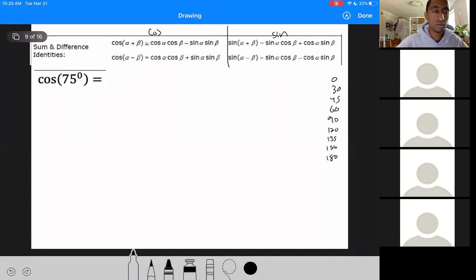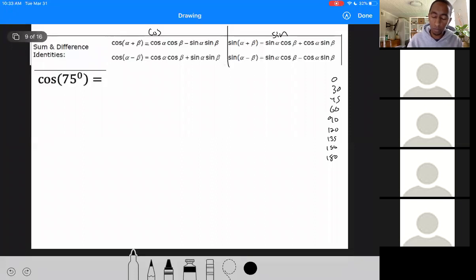Okay, so I got 30 and 45, and then Michael in the chat said 135 minus 60. So you can use either of those. You can do 45 plus 30, and then you could be using this identity, or you could do 135 minus 60, and then you could use that identity. So either one is going to work there. Okay, let's use the 45 and the 30 just because they're smaller numbers, but either one will work.